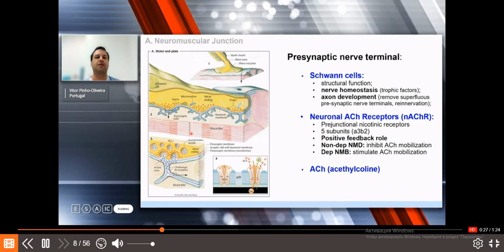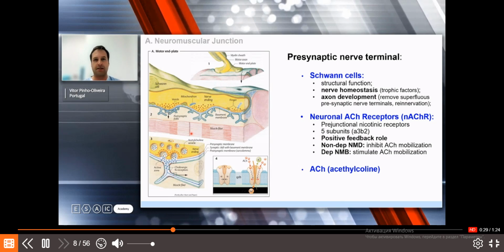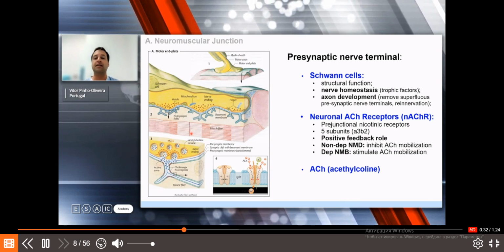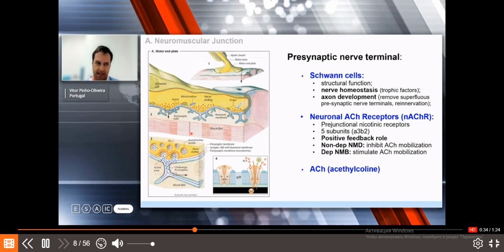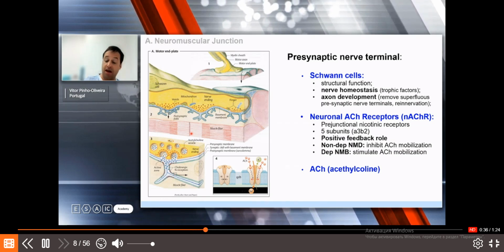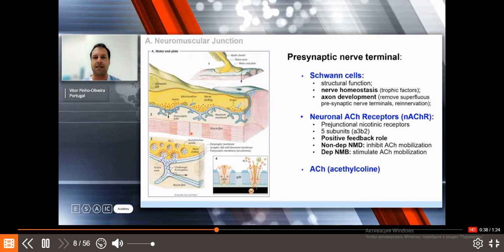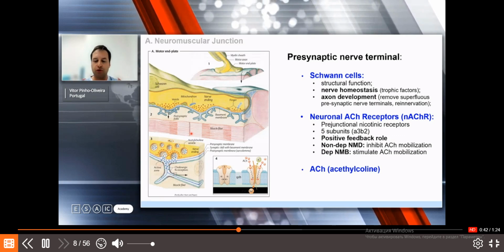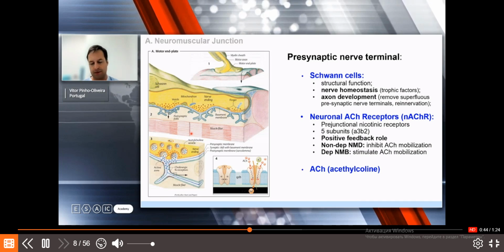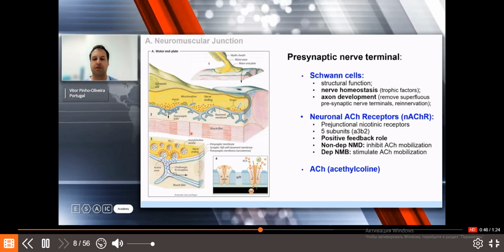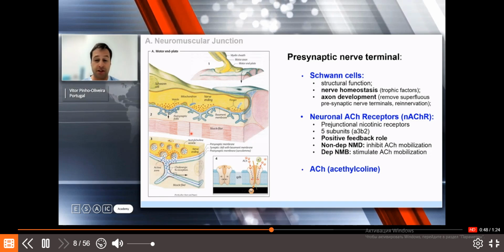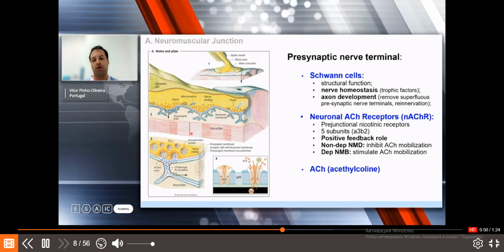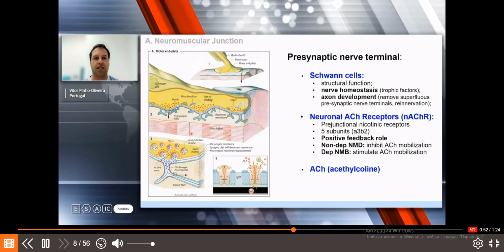In addition, the Schwann cells provide stability, and they participate in axon development and synaptic formation from the fetal state and throughout life. Schwann cells control the number of neuromuscular junctions and remove superfluous ones in presynaptic nerve terminals, especially during reinnervation, for instance after a crush injury.